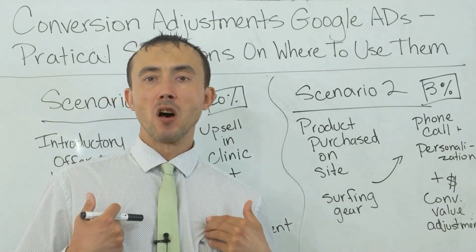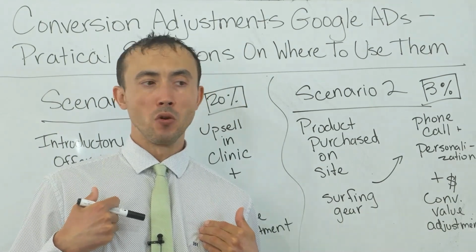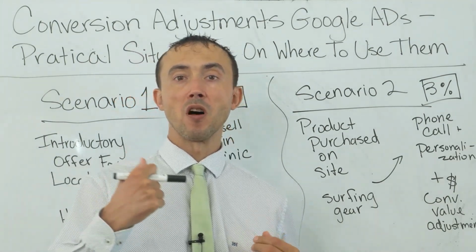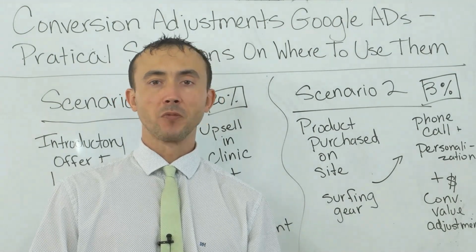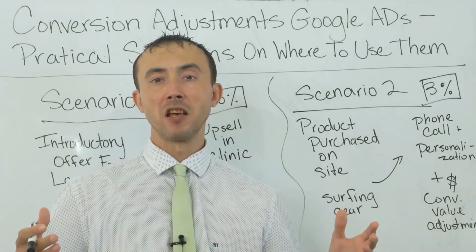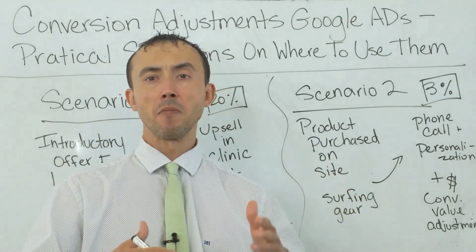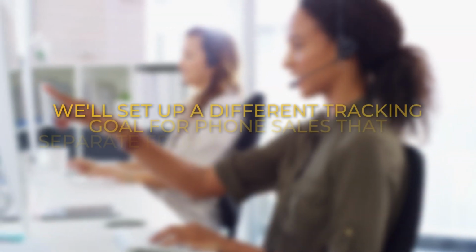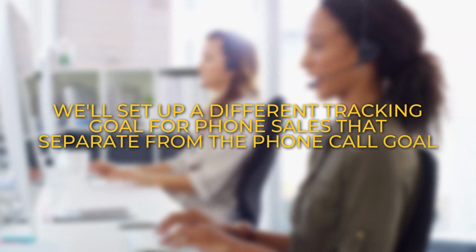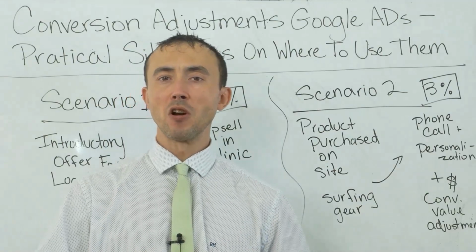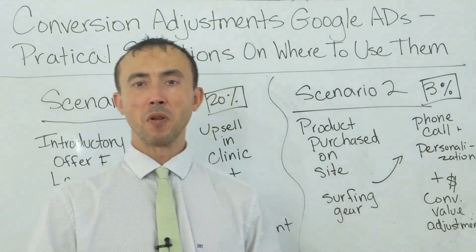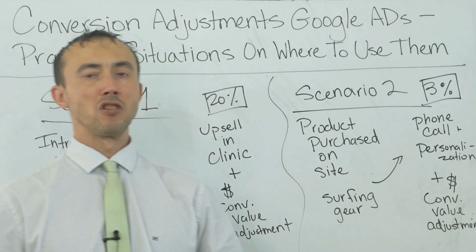Normally, to be honest though, what we'll typically do to track the sales from the phone calls, to add with the cart sales revenue that we're generating as well, to have the full picture on the amount of sales being produced from our ad campaigns, is set up a different tracking goal for phone sales that's separate from the phone call goal, which effectively serves as a good enough replacement so you don't even have to do a conversion adjustment, per se.